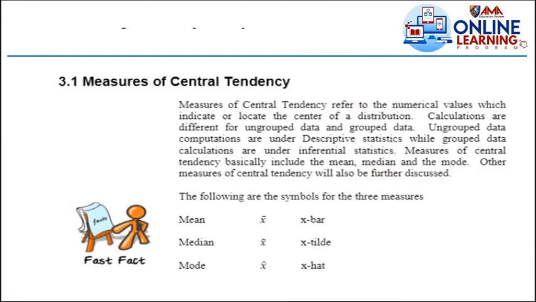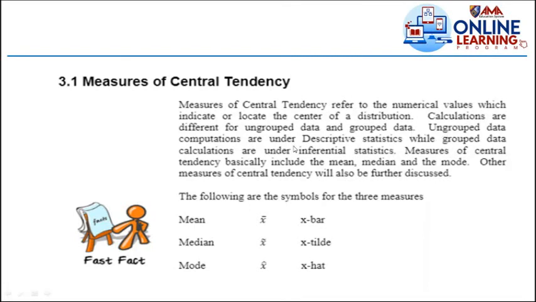Here is another meaning of measures of central tendency. Measures of central tendency refer to the numerical values which indicate or locate the center of a distribution. Calculations are different for ungrouped data and grouped data.